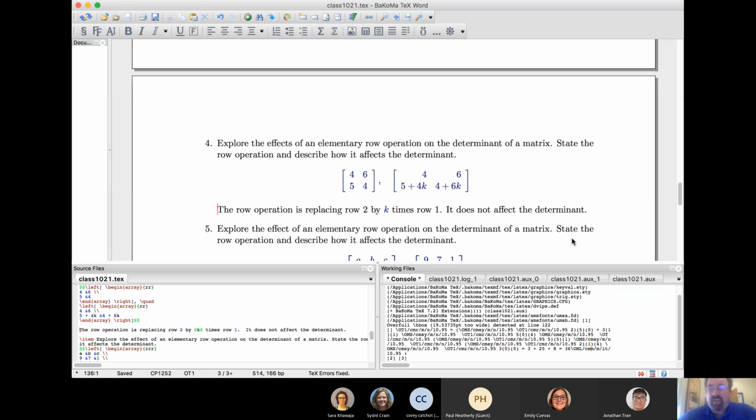That seems kind of strange that doing that much to a matrix would actually not change the determinant, but that's in fact the way it goes. Okay. So if you can recognize the matrix is being obtained from another by this kind of row operation, then you would know that the determinants of these 2 matrices are the same.